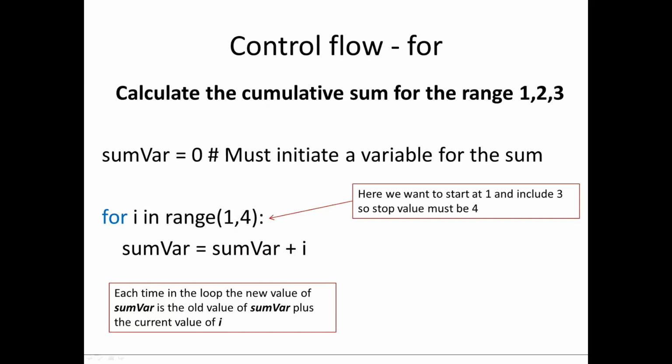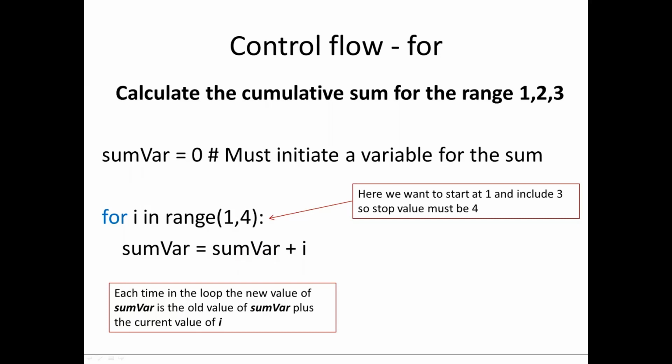Remember from the first example where we had the loop for I in range 10 that the stop value is not included. Also remember that the loop started from 0 in the previous example. In this case, we want to start at 1, so we give the start value 1.